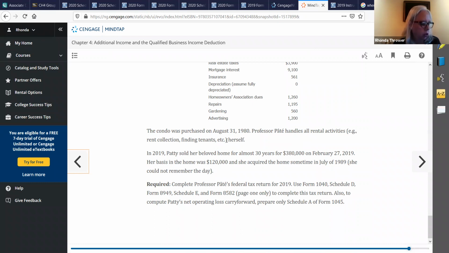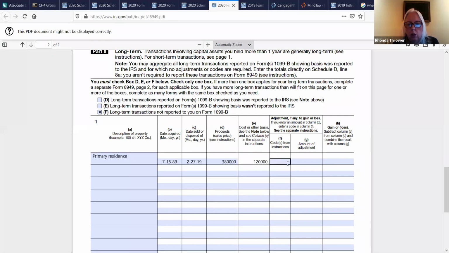So I'm going back to Form 8949. And then we're going to look at column H, where it says subtract column E from column D. So we subtract these to find the amount of the gain.